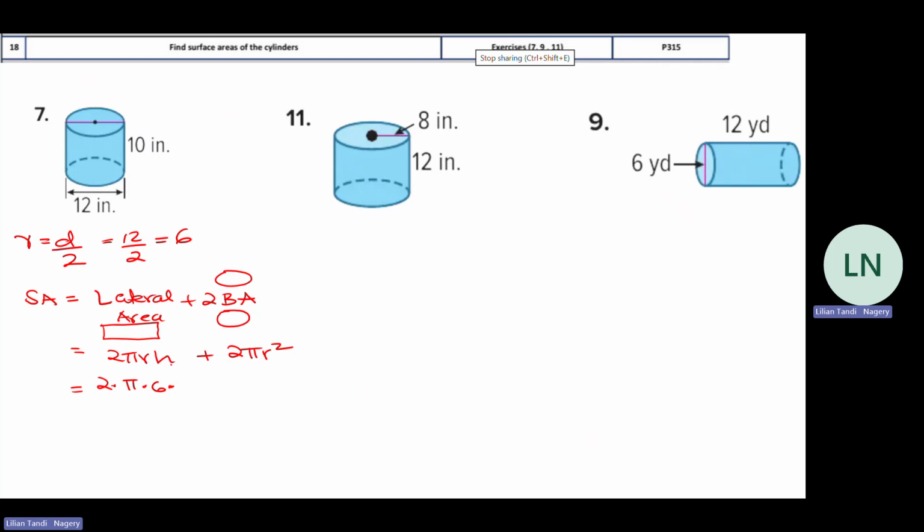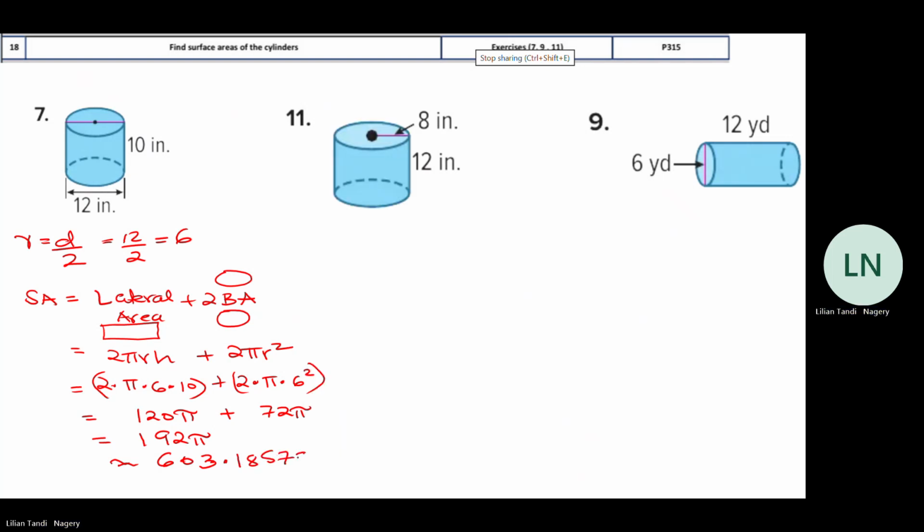Our height is 10. And here is 2 times pi times 6 squared. Then you should get 120 pi here, and 72 pi here, and here you should get 192 pi. And here you should get 603.1857895.